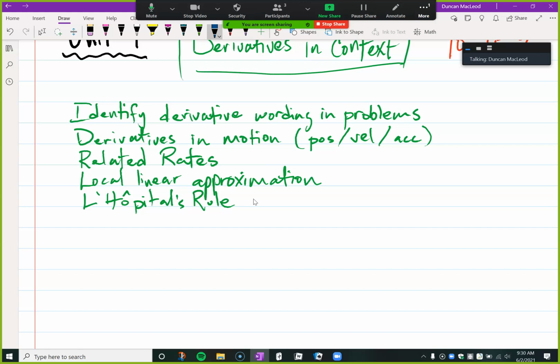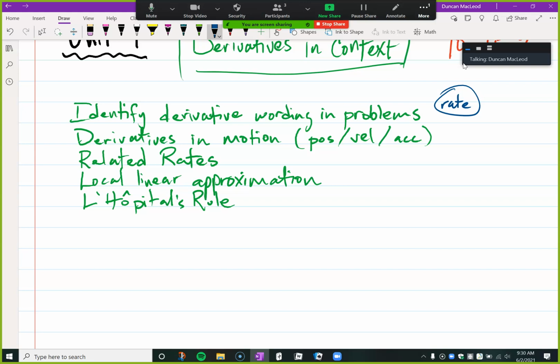Identify derivative wording in problems. Do you guys remember the one key word that means derivatives? Rate. Excellent job. The rate is the most common thing.